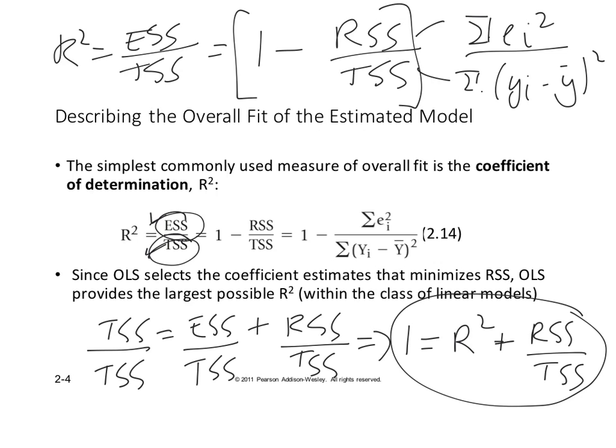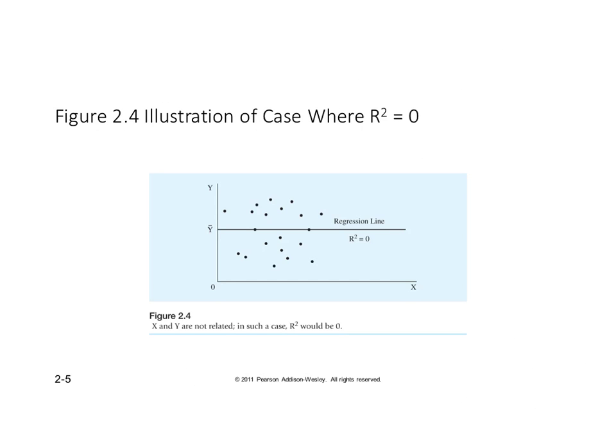Okay? So don't forget what those are. All right? So two ways of thinking about R squared: the fraction of the variation in Y that's explained by our X, or 1 minus the fraction of the variation in Y that is not explained by our X and our model. Okay, this next set of diagrams is related to what you will see in your spreadsheet exercise once I give it to you.